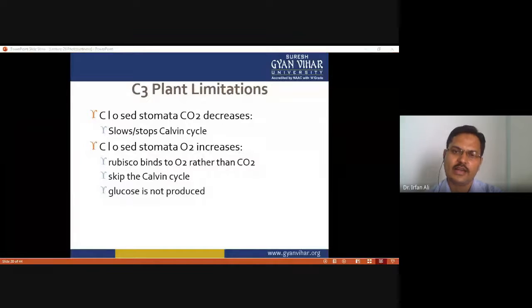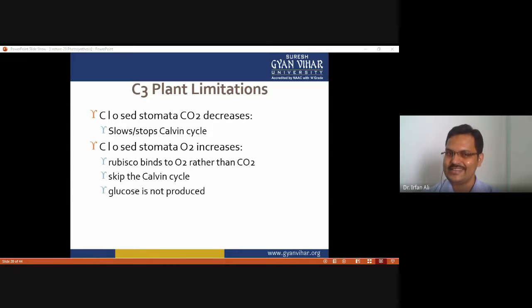What happens in a C3 plant when the stomata are closed? The CO2 level decreases, and the Calvin cycle cannot continue; it slows or even stops due to the low concentration of CO2, because the stomata are closed to prevent water loss. With closed stomata, O2 increases, because of the photolysis of water.